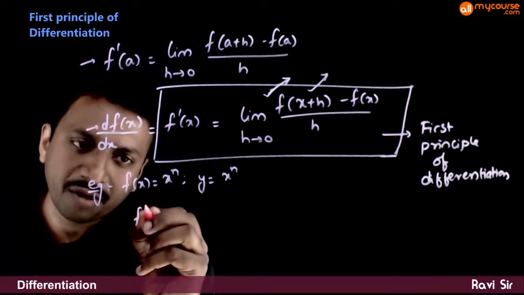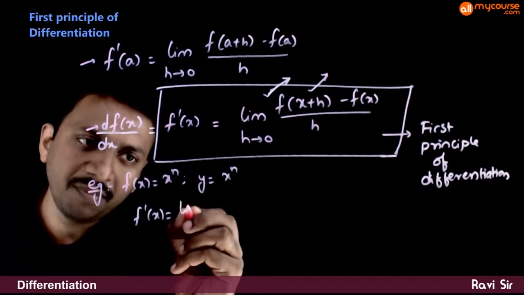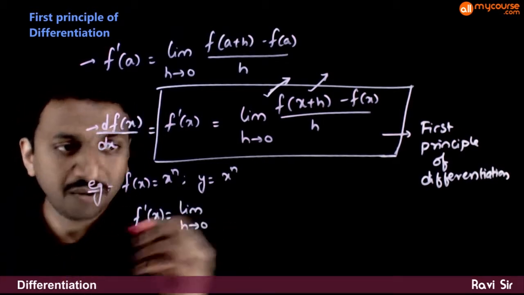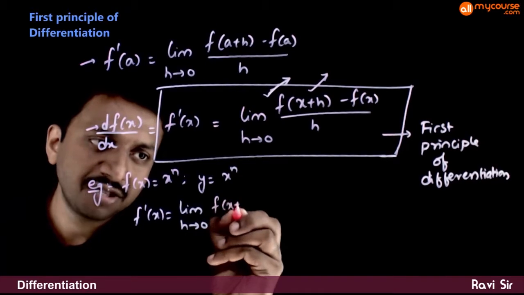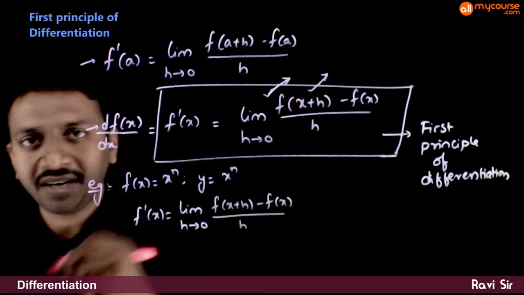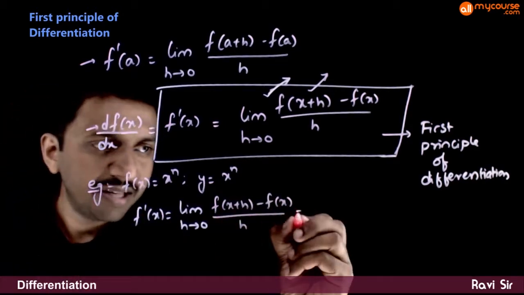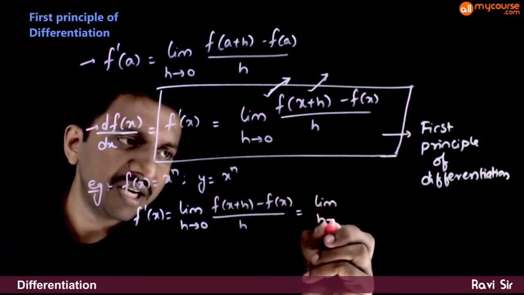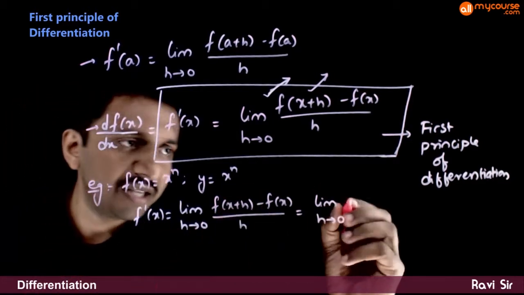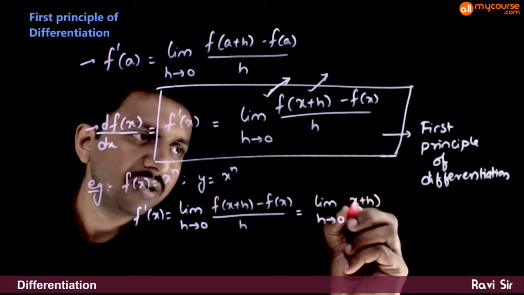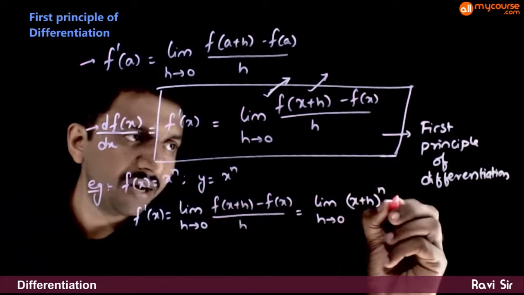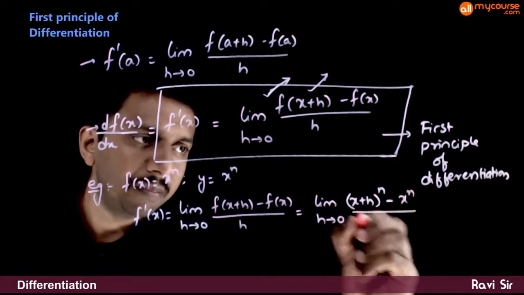So f dash of x is equal to limit h tends to 0, f of x plus h minus f of x by h, right? Is a formula that is equal to limit h tends to 0. F of x is x power n, f of x plus h is x plus h whole power n, minus f of x is nothing but x power n, by h.